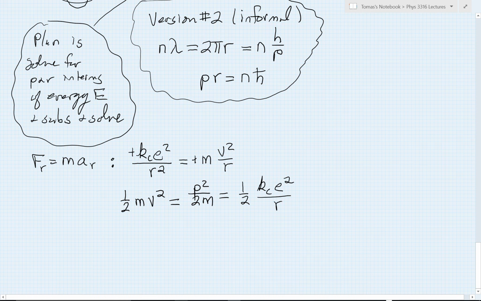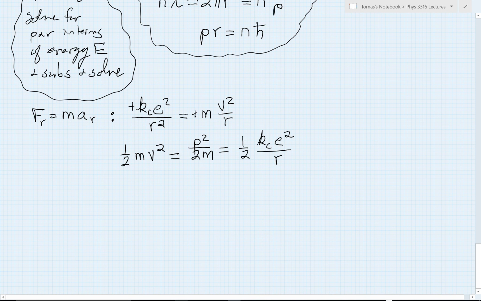Now, we can begin to relate these quantities to the energy. P squared on 2m, by design, is the kinetic energy. And what I'd like you to notice is that Coulomb's constant e squared over r is closely related to the potential energy. I would need a minus sign here, actually, to make this potential energy.